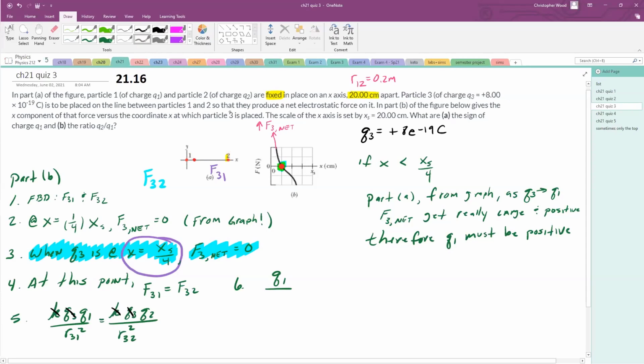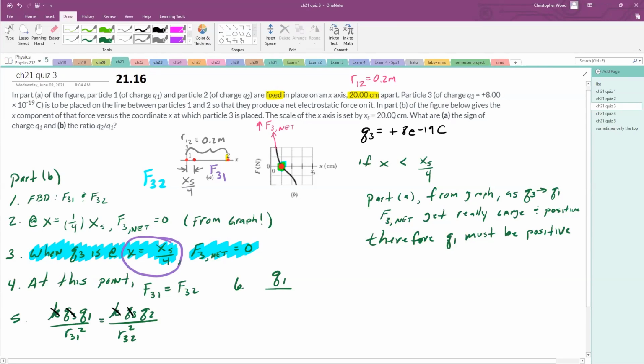Okay, this distance, charge 1 and charge 2 are 20 centimeters apart. So this distance right here is 0.2 meters. And as mentioned, that is R12. Okay. Particle 3 is located at this distance right here, which at this moment is XS over 4.